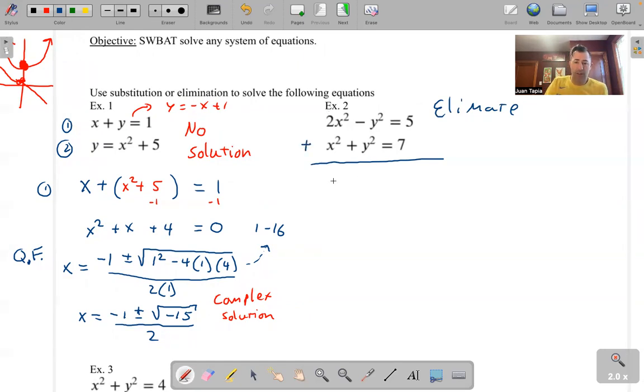So if I add them together, I'm going to get 3x squared is equal to 12. At that point, the y's cancel out when I add them. At that point, I'm going to solve for x. So divide by 3 on each side, get x squared is equal to 4. And then I can square root each side.